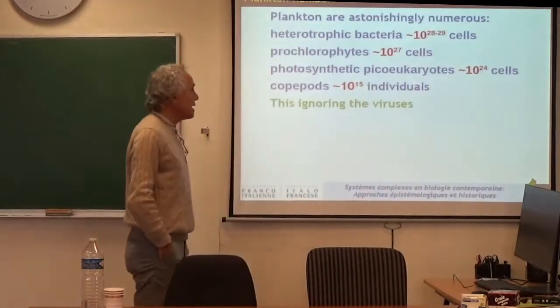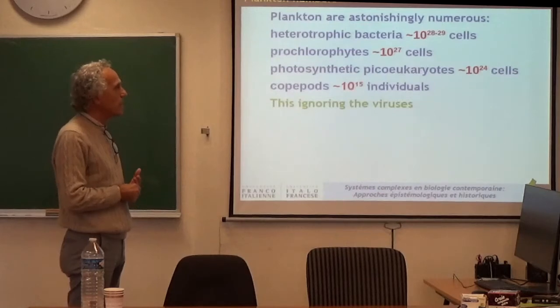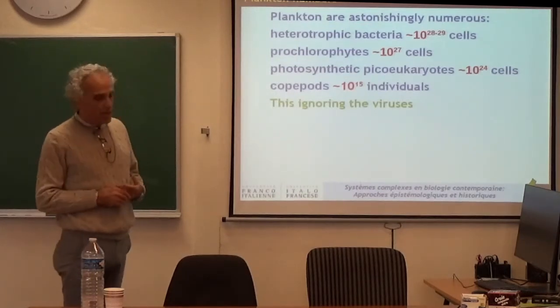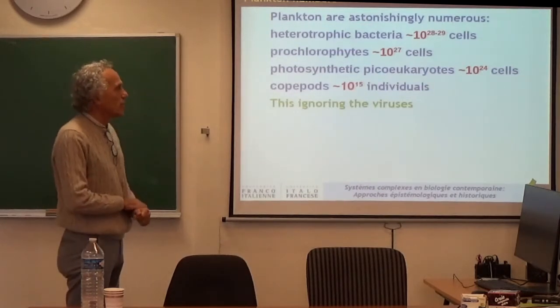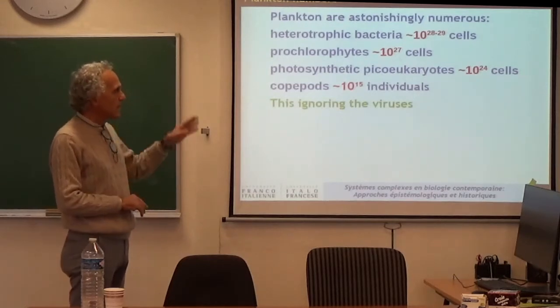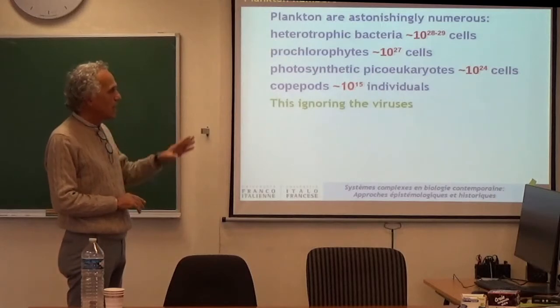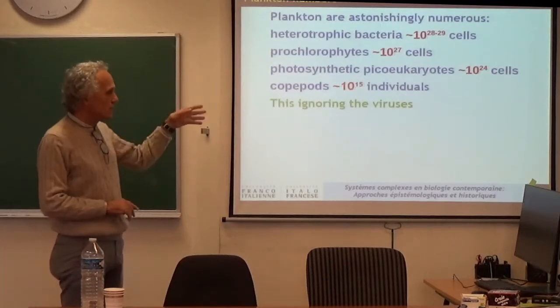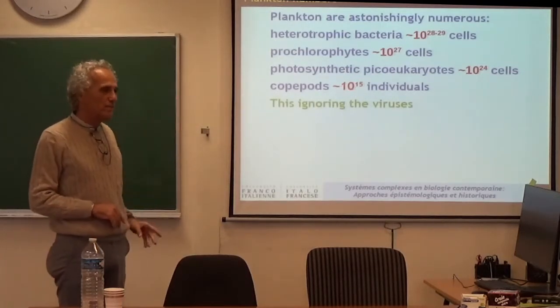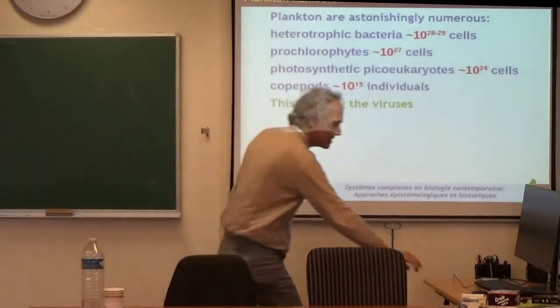Okay. Then why are they so important? How do they make this biomass? Because they are very numerous. These are the numbers. Heterotrophic bacteria account for 10^28 to 10^29 cells. Prochlorophytes, which are the smallest cyanobacteria, phototrophic bacteria, 10^27. Photosynthetic eukaryotes, 10^24. They are very abundant.